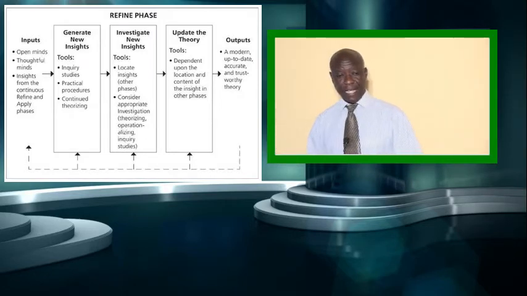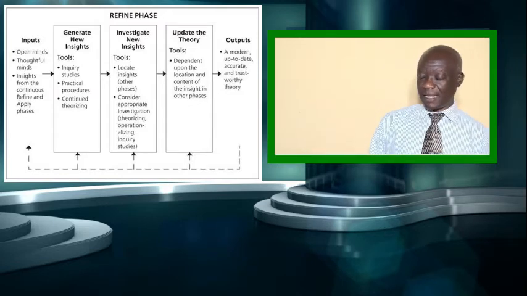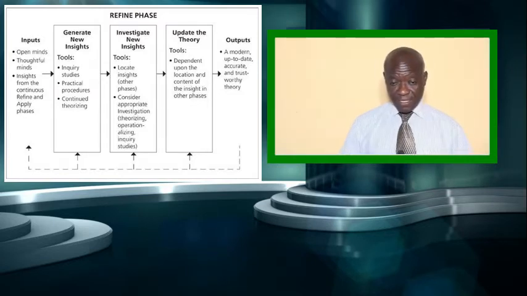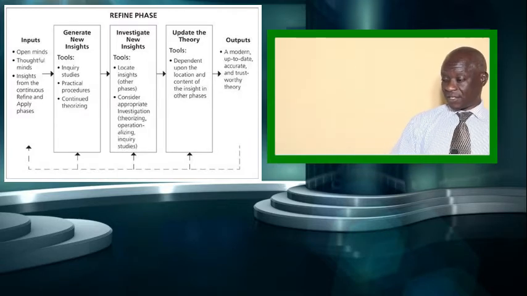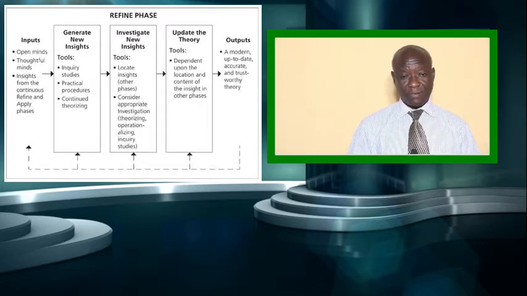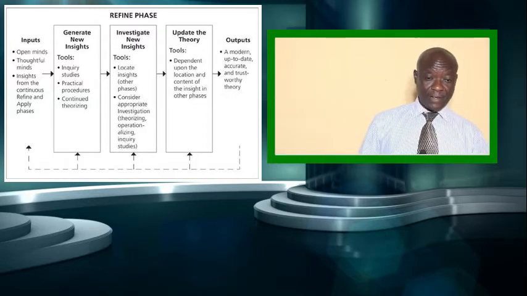However, the 5-phase theory building framework presented in this lecture functions as a guide for novice and experienced theorists alike, ladies and gentlemen. And of course, that is what you see in the diagram, as we have already said. So let's talk about the outputs. Since on the diagram you can see that's the last box, outputs of the refined phase.